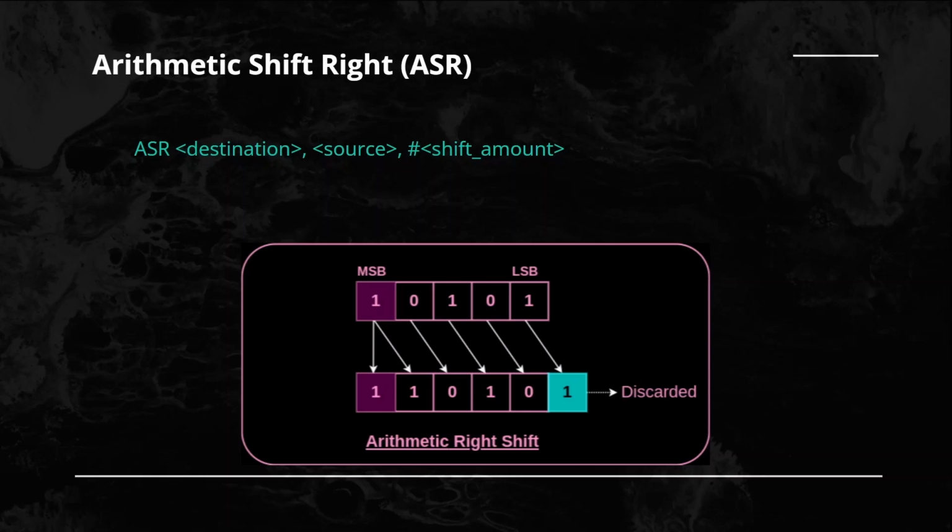To maintain the sign of the original value, the most significant bit is not replaced. After the shifting of the bits, the most significant bit is copied to the most significant bit of the result.